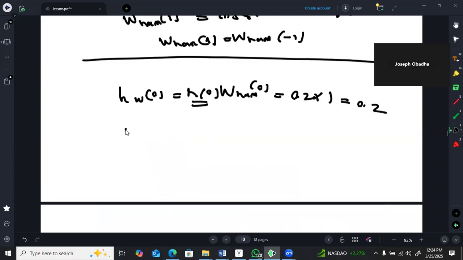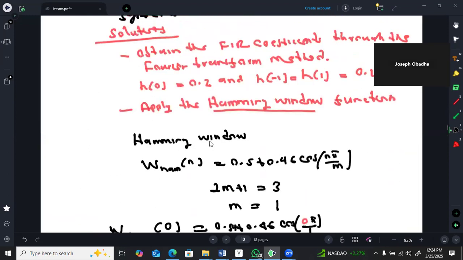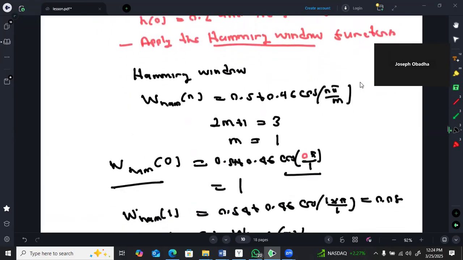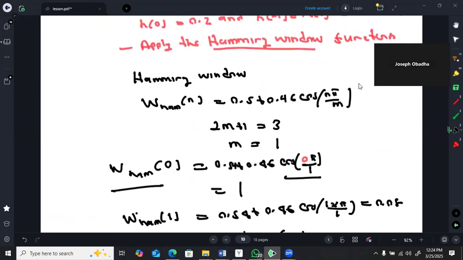Then we go to HW1 equal to H1 times W Ham 1, which H1 we determined up here to be 0.1871.